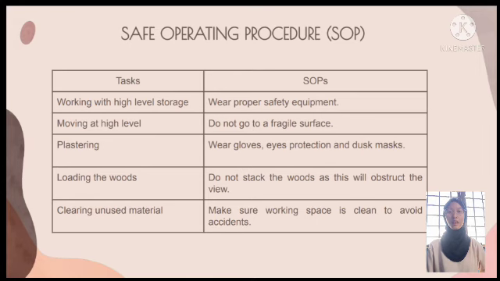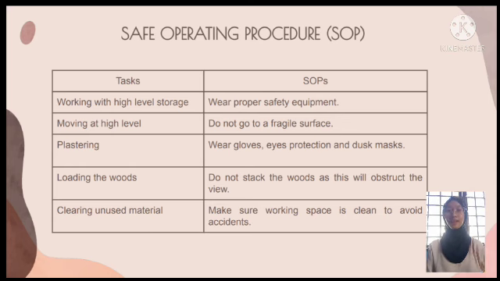Next, for the second task, moving at high level, the SOP here is do not go onto a fragile surface. For the third task, which is plastering, the SOP here is to wear gloves, eye protection, and a dust mask. This is important to ensure that your body parts are securely protected. For the fourth task, which is loading the woods, the SOP is do not stack the woods as this will obstruct the view.